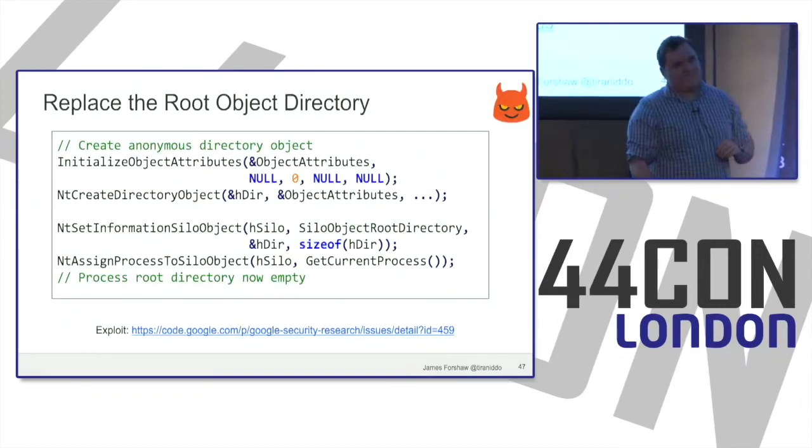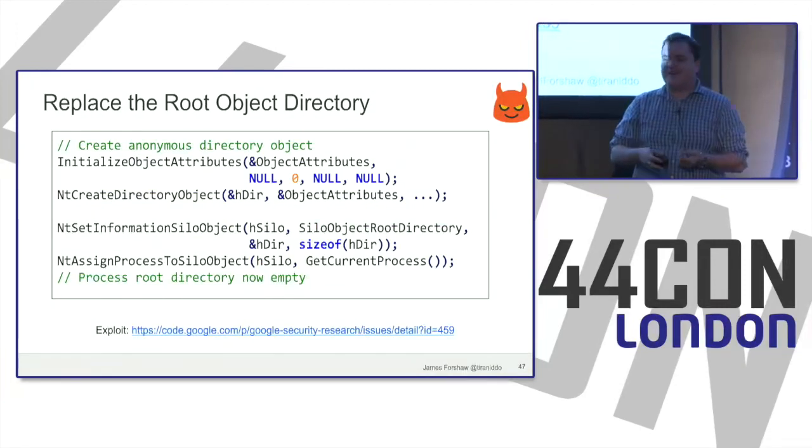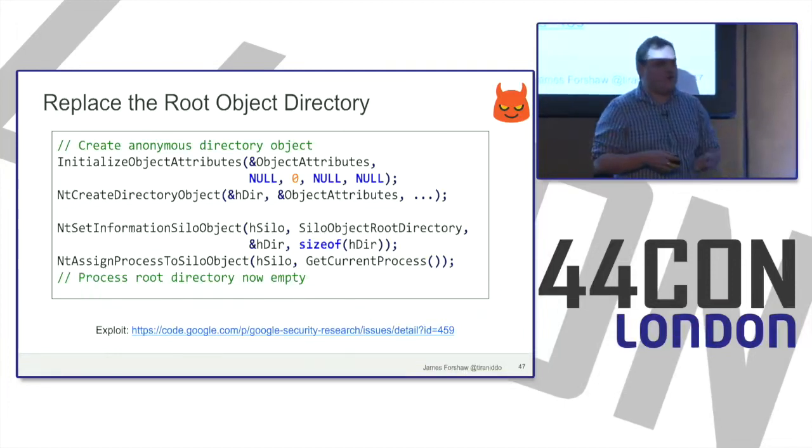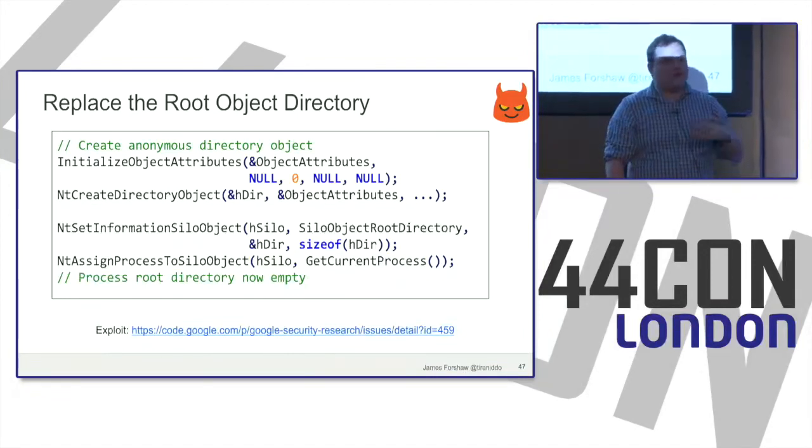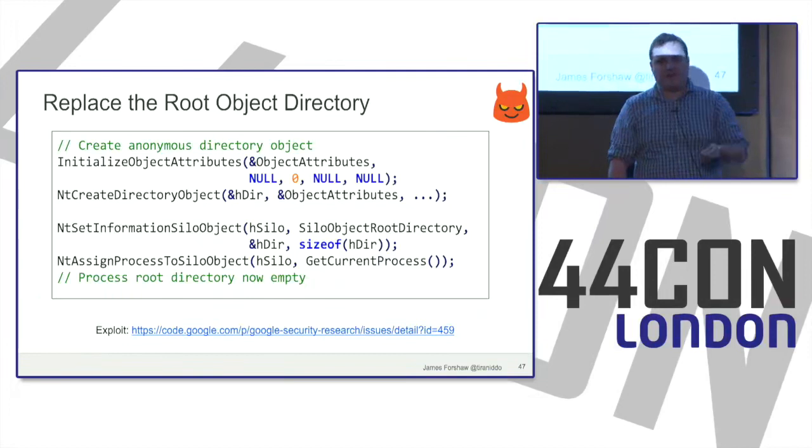But unfortunately, most kernel code does not actually expect that you can replace the object directory, and that's a bit of a security problem. For example, if kernel code in your current process wants to open the registry, it has to pass the path \Registry\Machine\something.